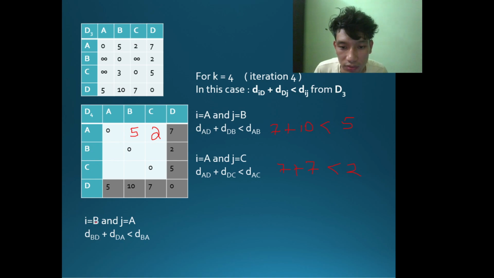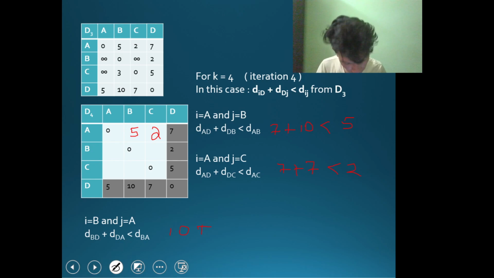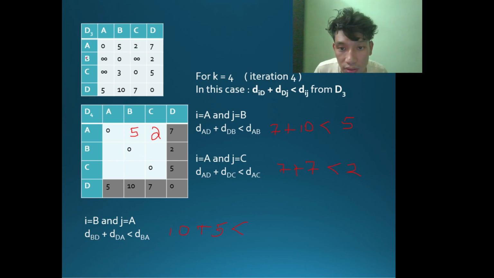So here i is equal to b and j is equal to a. That means for this particular cell, we will check for d of bd plus d of da less than d of ba. d of db is 10, d of da is 5, less than d of ba from the previous matrix, infinity.